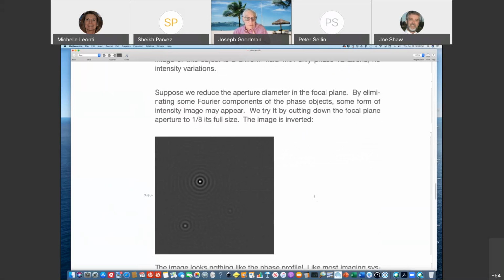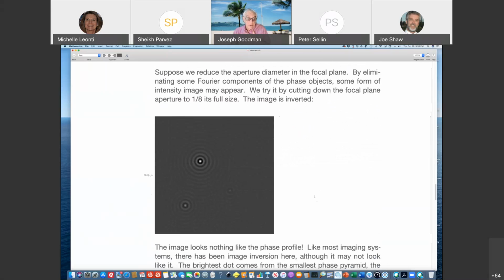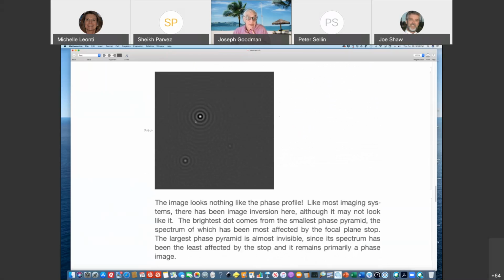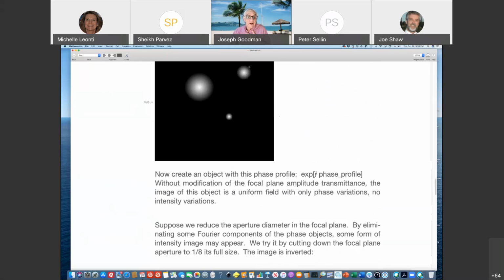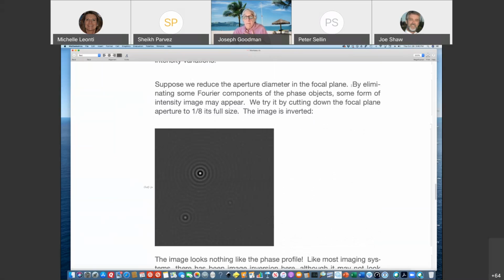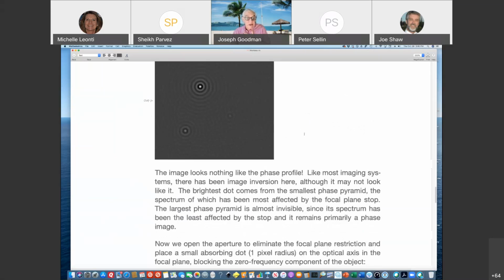The image, although you may not think so, is brightest in the same place you saw the most intense phase distribution. But as it turns out, by eliminating some of the components of the phase objects, we've caused some image intensity to appear. And the image is inverted, actually.